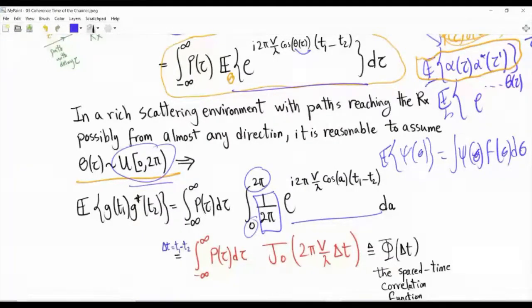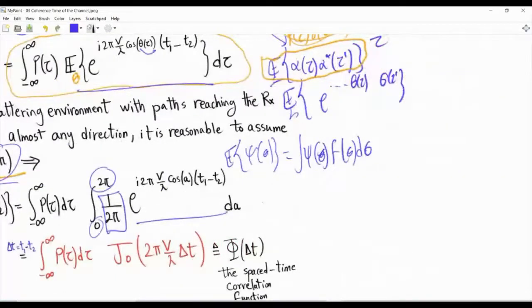Now if you make this assumption, you will get an integral that does not seem to be doable. We started with this expectation.